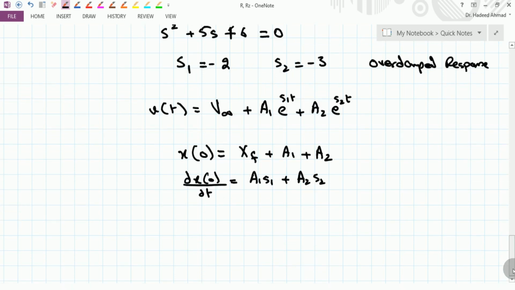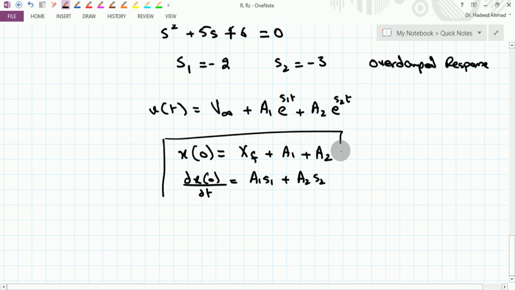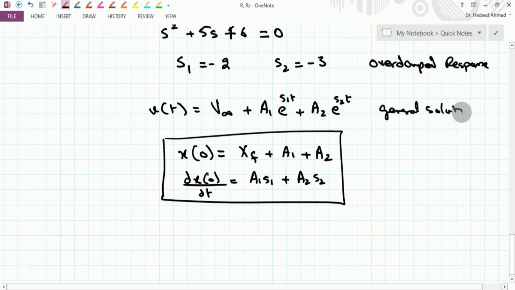So based on these two equations, we can make this general solution into a particular solution. For the first one, we want to find out what is V0, that is equal to V final value or V infinity plus A1 plus A2.